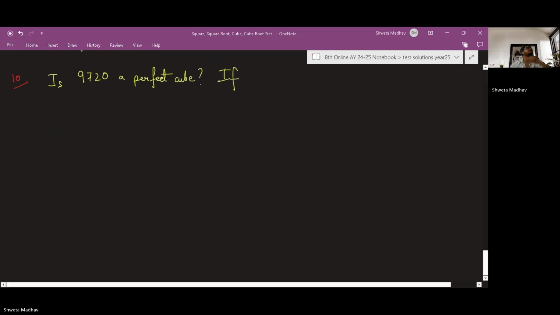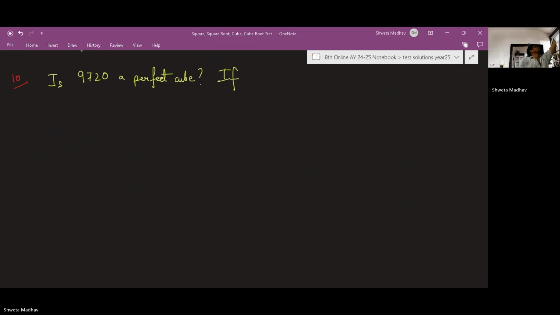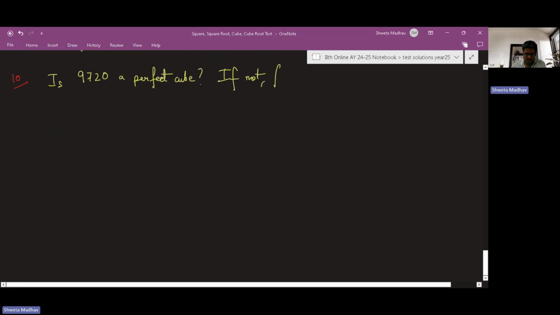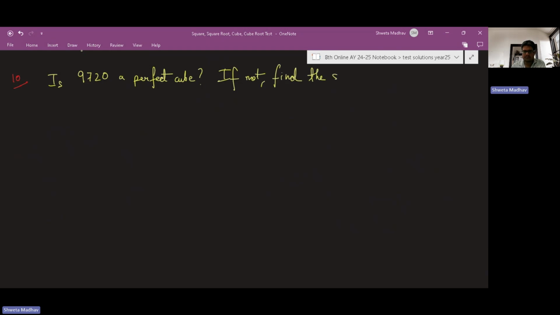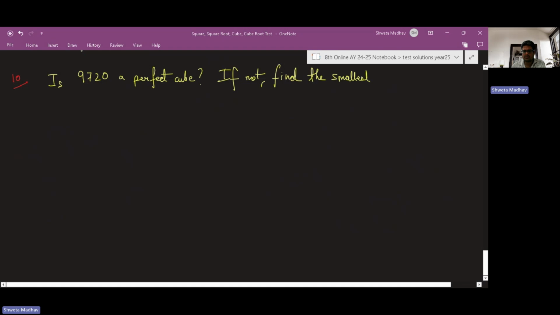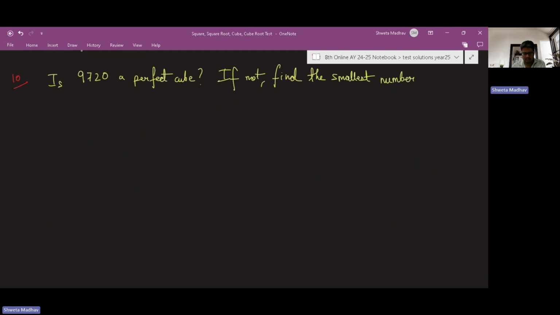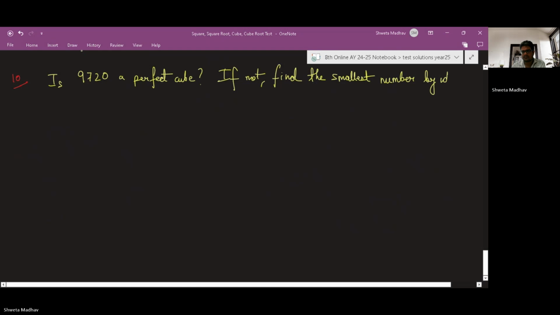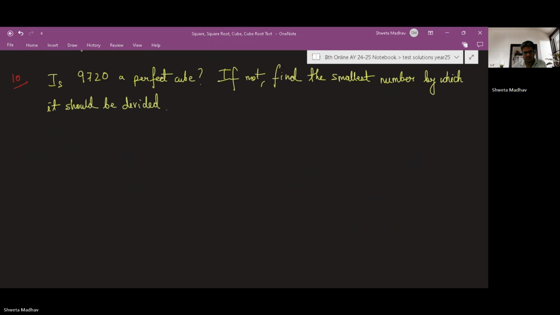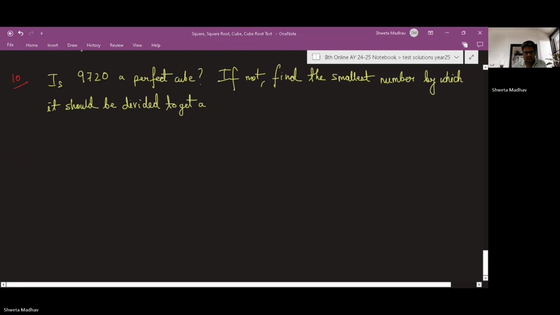If not, then find the smallest number by which it should be divided to get a perfect cube.